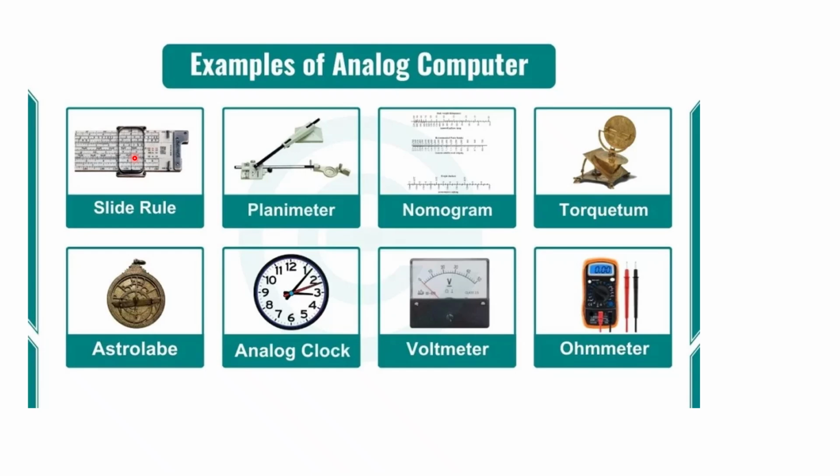Friends, some of the analog computers are shown in this diagram, of which slide rule was extensively used in the period 1960 to 70. Then planimeter, then nomograms are still used today.